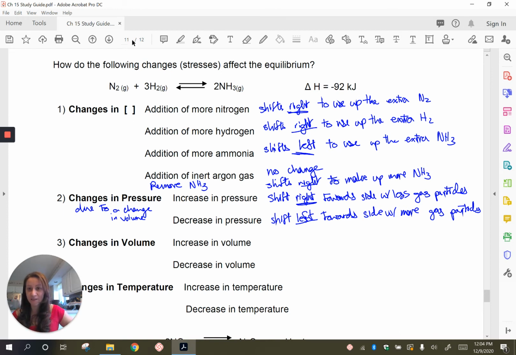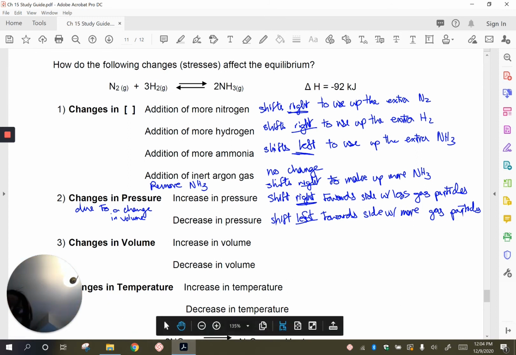In this case, I have 4 particles on this side, and this applies to ions or gases. So I have more particles on this side than here. I have 4 here, only 2 here. So if my reaction is too dilute, I want to go to the side with more particles to make up for that concentration that I lost.